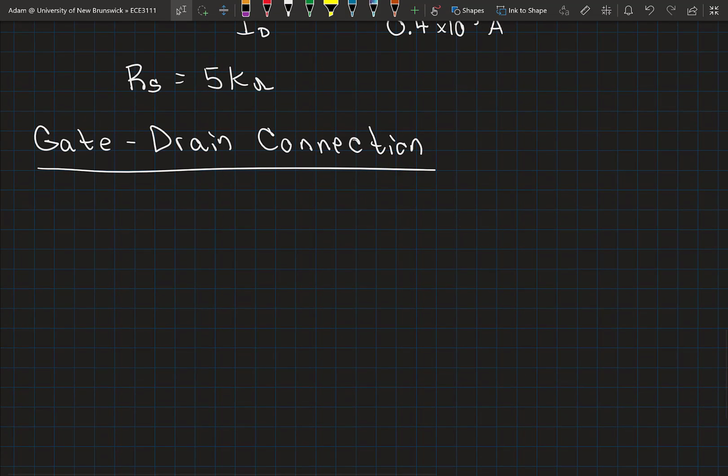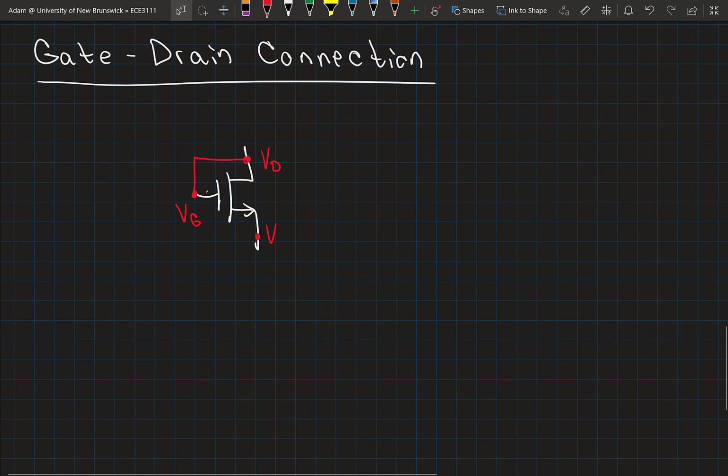So you might see a MOSFET like this that has the gate tied directly to the drain. It's a really common connection. Let's see what mode of operation this puts the MOSFET in.